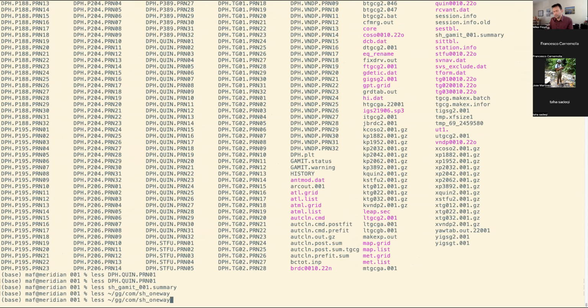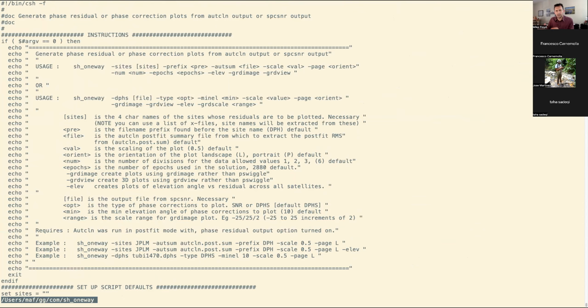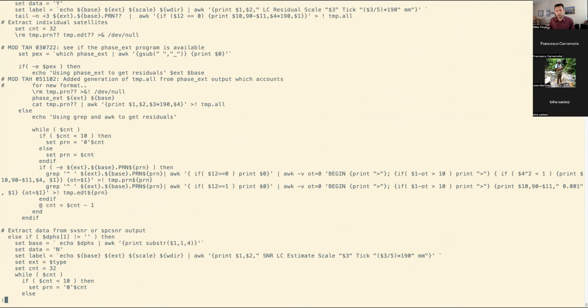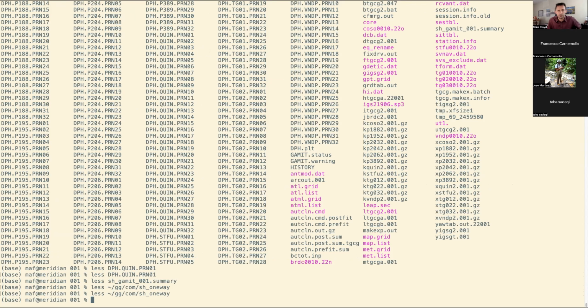The script that does the plots for us is sh_plotres. So there's a lot of stuff in there that reads those DPH files and extracts them and does some calculations to produce the residuals plots. So you might need to read through this to be sure that you're reading the right column and subtracting the right things or multiplying the right things. I haven't looked at that in a long time, so I can't really remember what those values are. But they're the files that you could read. They're the phase residual files. Great, I will go through the file. Yeah. Okay, thank you.